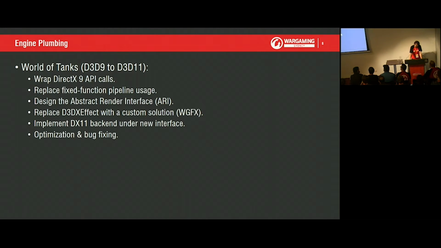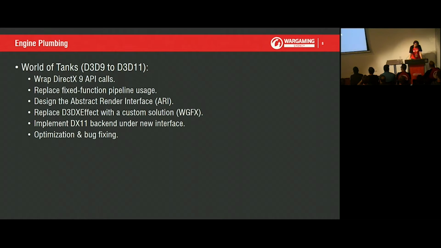We replaced the D3DX effects library with a custom solution known as WG-Effects, which was syntactically similar. It was set up so that we could later on run render work concurrently across multiple threads without the effect library causing any problems. It stripped out some of the features that weren't high performance, such as pre-shaders, where it's basically just jiggling all of your uniforms a bit to save GPU work, and set it up for working with other APIs, DX11.